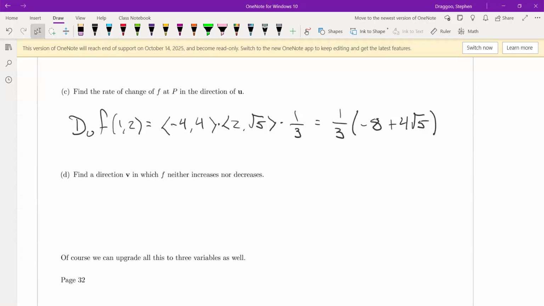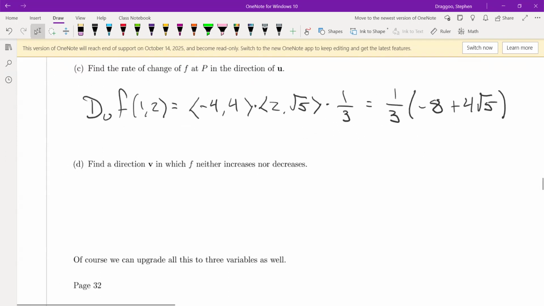But if I want to find a direction, I'm going to call it v, in which this function is neither increasing nor decreasing. Well, how do I want to do that? I suppose I should first define my vector v. I'm just going to call it v1, v2, so that I have some arbitrary values I can work with.